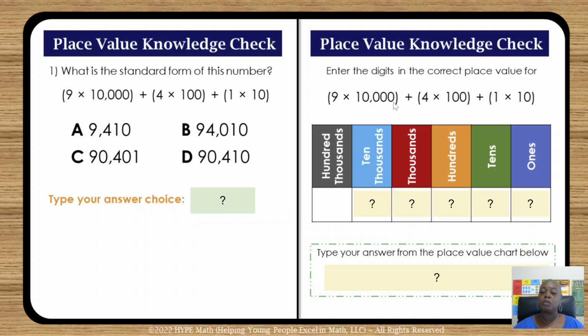Now, know that the way that it's set up, where I have the question on the left hand side and students are able to work it out on the right hand side, that is not how the STAAR test is set up. However, we have the question set up this way so that students can get that practice.